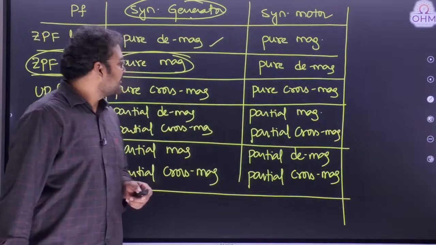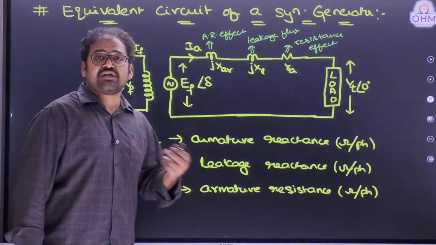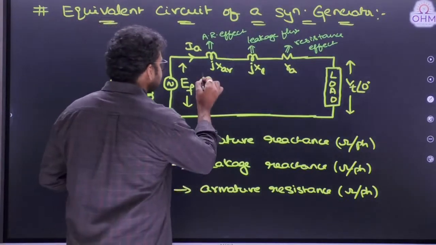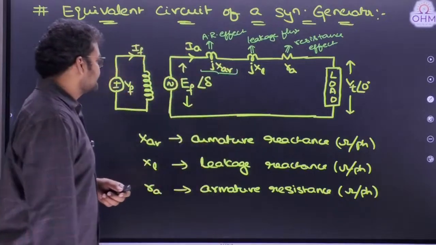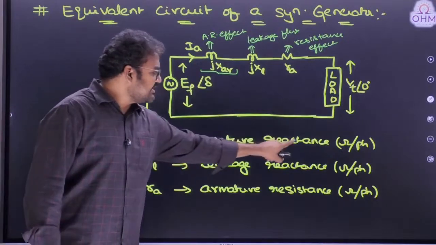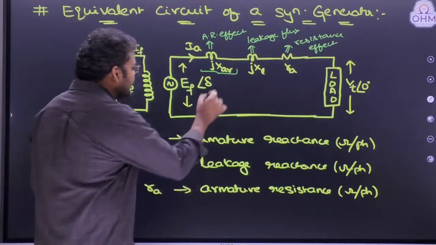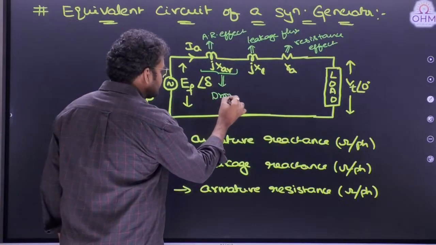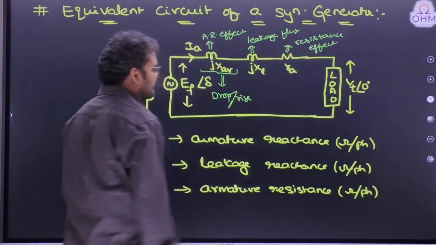Demagnetization represents a drop in voltage. Magnetization represents a rise in voltage, and that is shown using an inductive reactance in series with the circuit. And that reactance is what we call the armature reactance of the machine. The voltage across this reactance may be either a drop in voltage or rise in voltage, depending upon the load power factor.